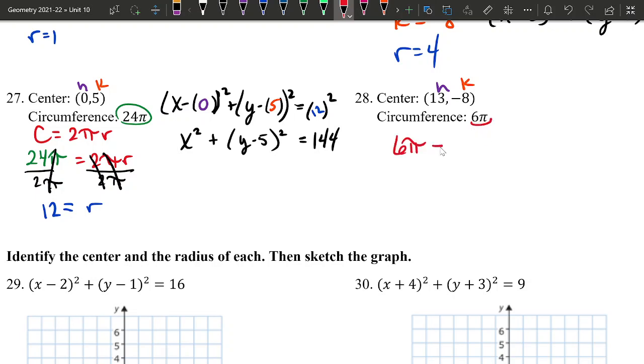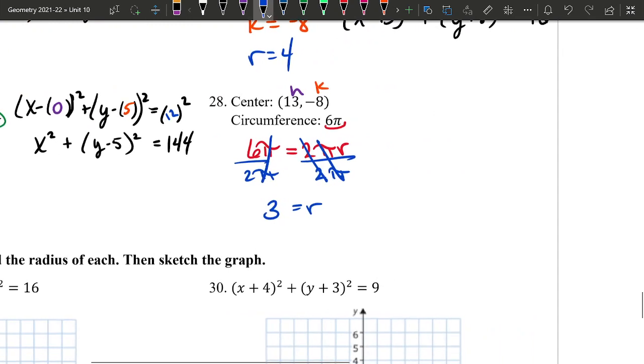So 6 pi equals 2 pi R. So you're going to divide by 2 pi. Pi's cancel, 2's cancel. 6 divided by 2 is 3, and that equals R. So the radius is 3, and then you have the 3 things you need to write the equation of the circle.